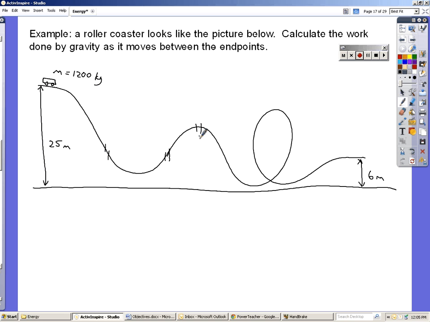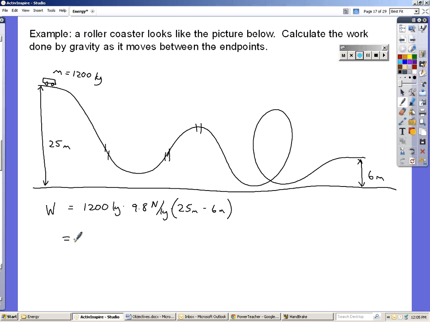All we need to do is say that initially we start out at a height of 25 meters, and at the end we end up at a height of 6 meters. So the work done by gravity here is just mass, 1,200 kilograms, times gravitational field, times the difference between the initial and final heights.